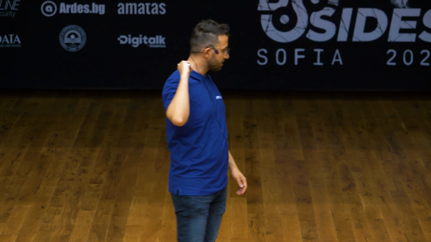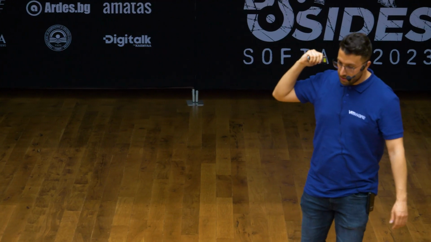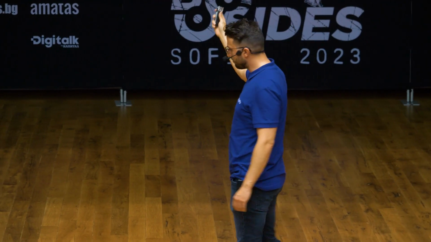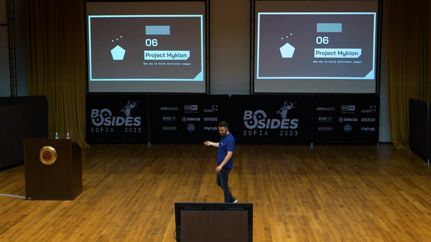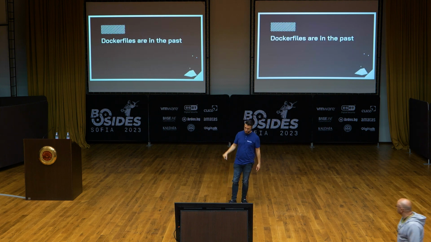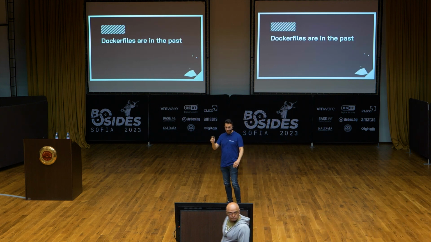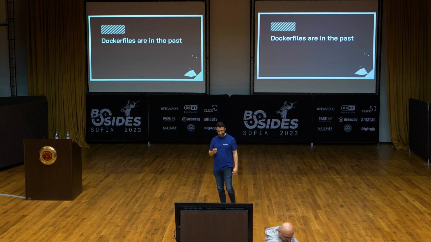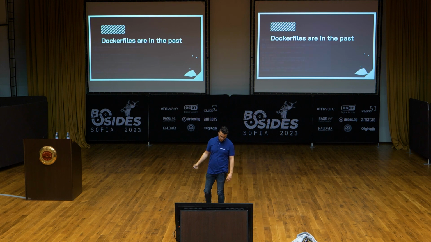So something that we refer to as Project MyClone. It is an internal name, something that we plan to develop. It's a new way to build distroless images. If you search on the internet about this, nothing will pop up, it's something internal. So there's no advertisement in this one. Something that we understood is Dockerfiles are in the past.